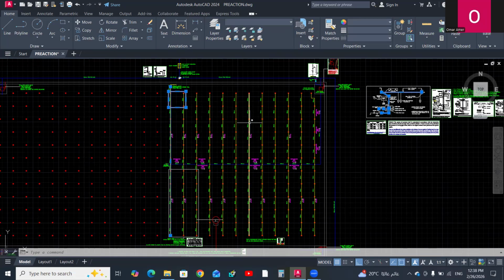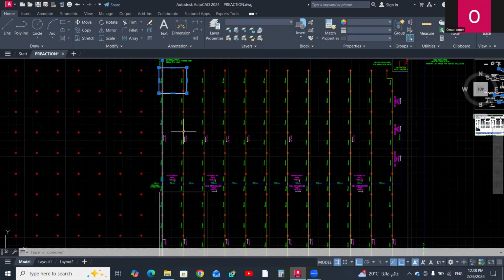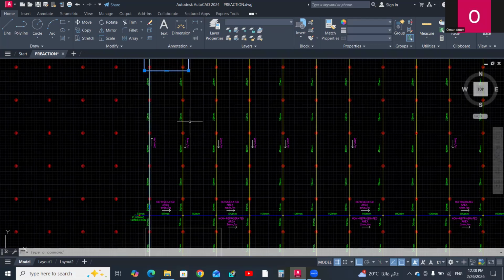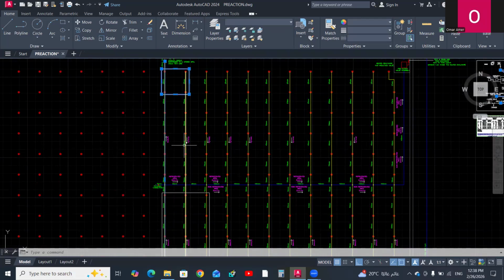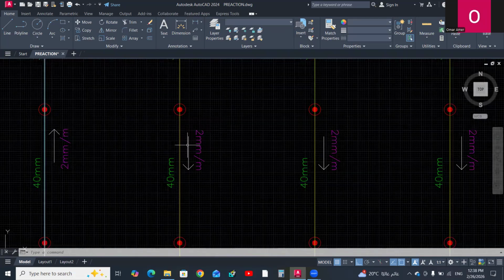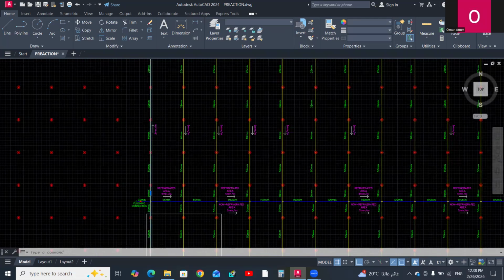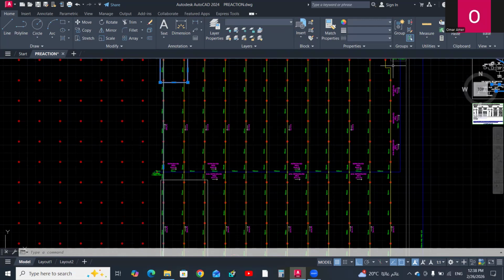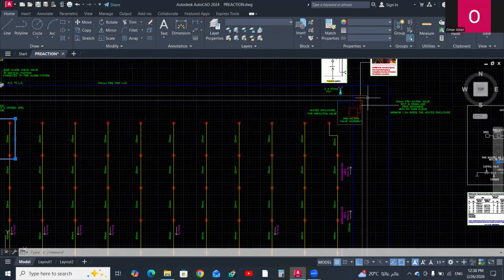And you have to follow these factors. The first factor: all branch lines shall have a slope with a minimum pitch of 2 mm per meter toward the main drain outlet.